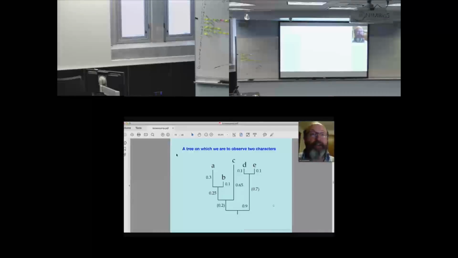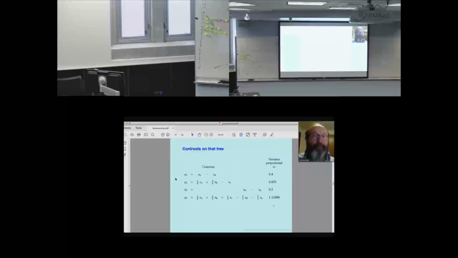Well, if I start to do that on this tree, I'll take a difference between A and B, remove it, replace it by a weighted average. Now we have a tree of 4 species, D and E are over here, and a weighted average of A, B, and C.